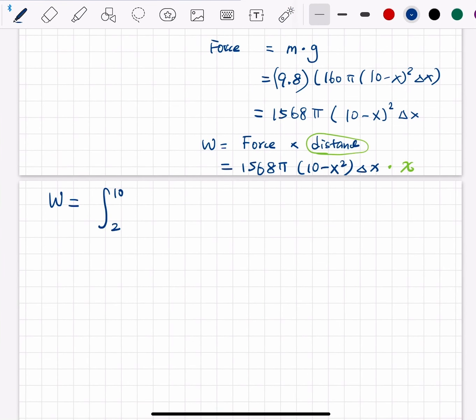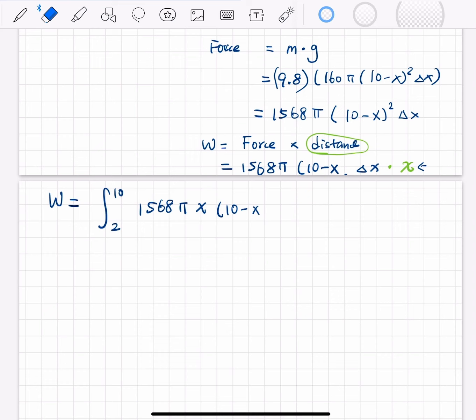So that's why it's 2 to 10 of all the work: 1568 pi times the x, which is this x here, times (10 minus x) squared.